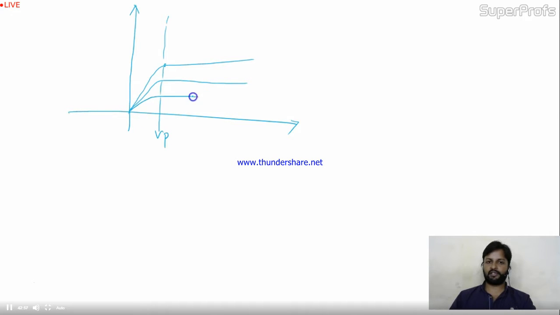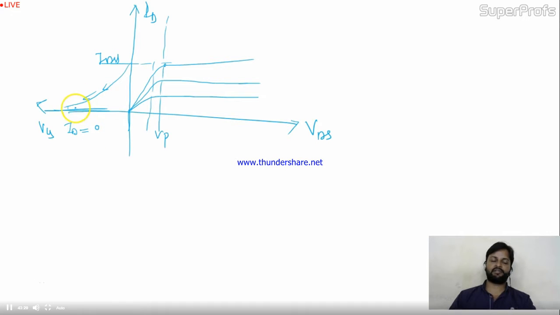This is ID and VDS. Is it okay? And if we talk about ID and VGS, here only I'm drawing it. As you applied the VGS, ID decreased. Initially ID was max, IDSS. But as you applied the VGS, ID decreases, and at some point ID becomes 0. This is related to depletion.